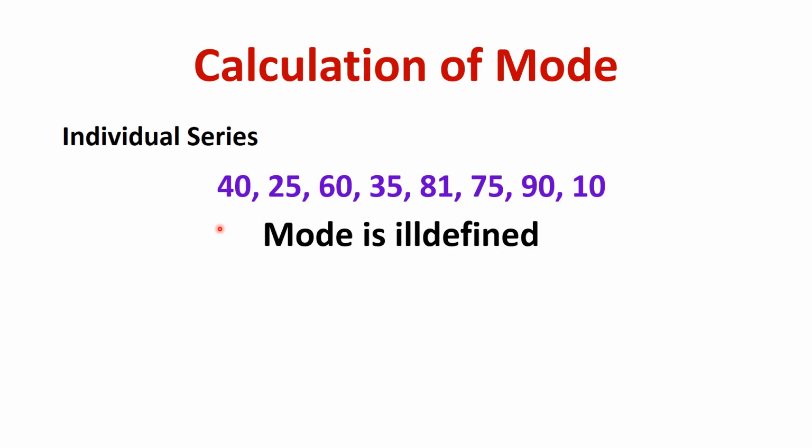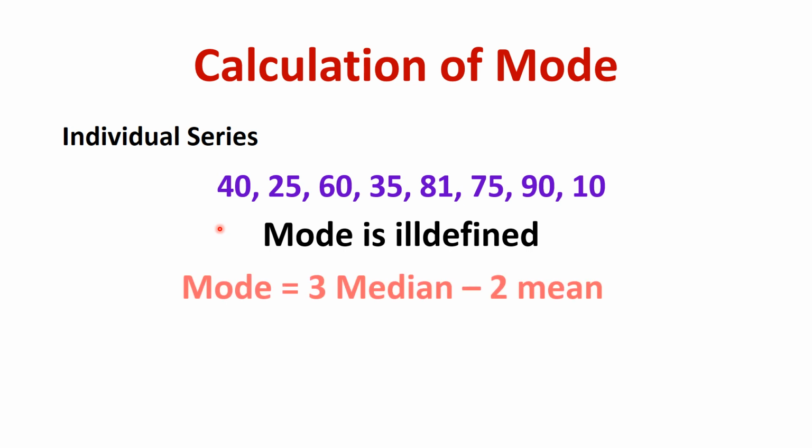To solve this problem, there is an equation. This is the equation: Mode is equal to 3 median minus 2 mean. By performing this calculation, we can find the mode in an ill-defined series. So let us try to do this calculation.